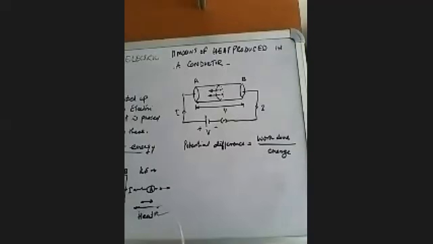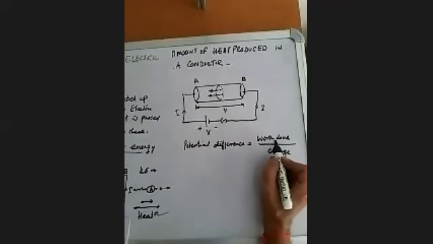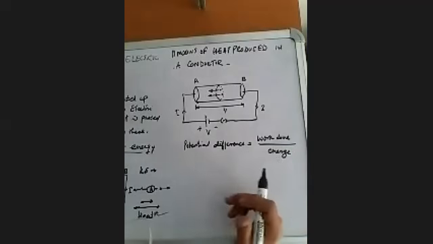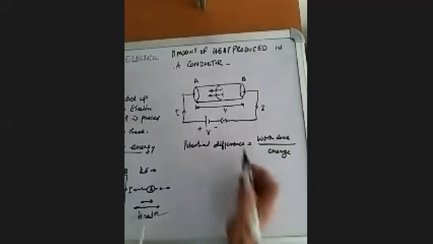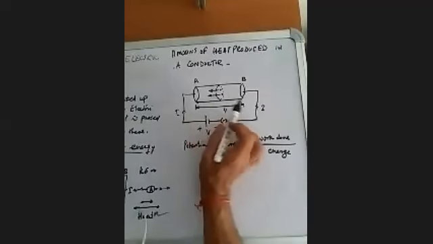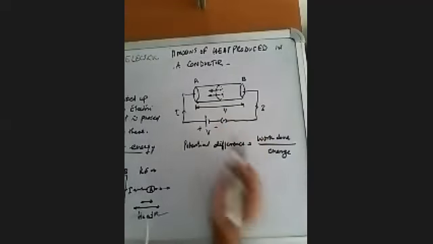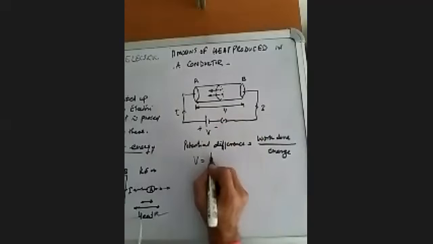So W is the amount of work done in moving a charge of any value from one end to the other, from point B to A or A to B. If we consider positive charge, then from A to B. If we consider electrons, then from B to A. Then we can say that V is equal to W upon Q.